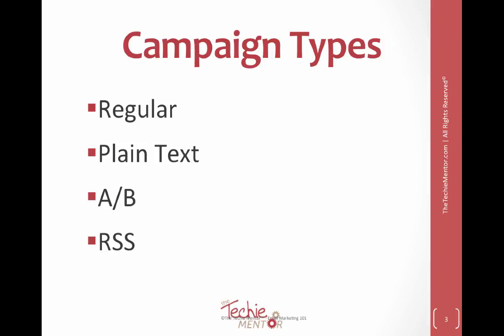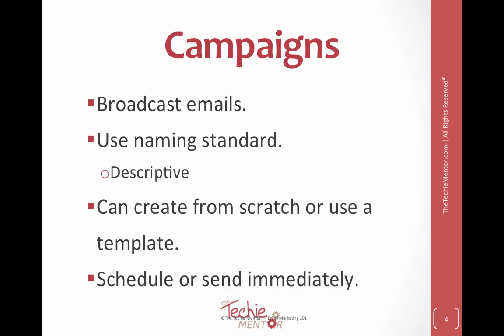If you're first starting out, that might be a little overwhelming, but you need to understand what A/B split tests are all about. And then RSS. RSS is how you can actually feed your blog right directly into MailChimp so you can send out campaigns or broadcasts for those. So 4 different ways you could do that.